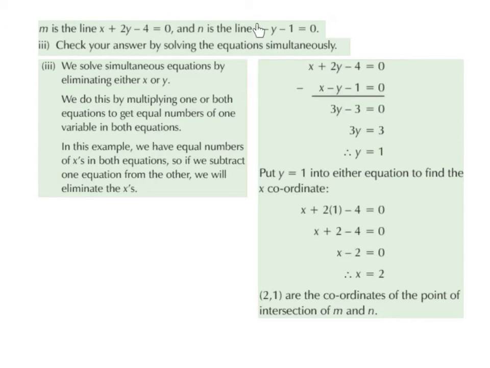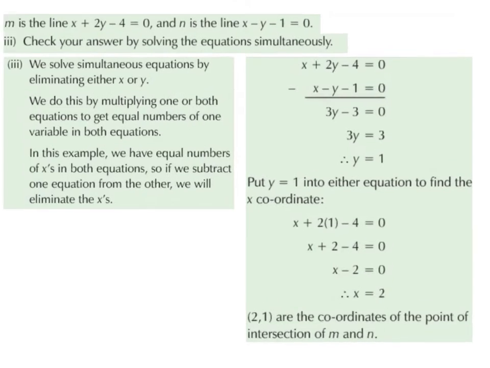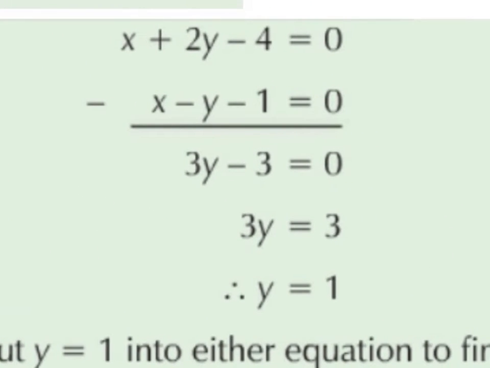And then we had x minus y minus 1 equals 0, so that's written down here. And then we're basically multiplying this entire equation by a minus. So we're going to change the signs. So this becomes minus x, this becomes plus y, this becomes plus 1, and 0 has no sign, so it stays as it is.